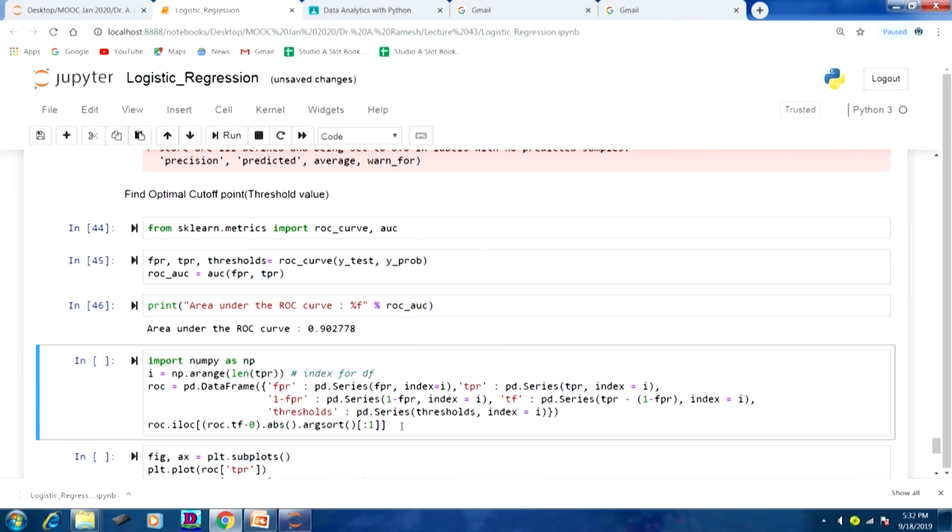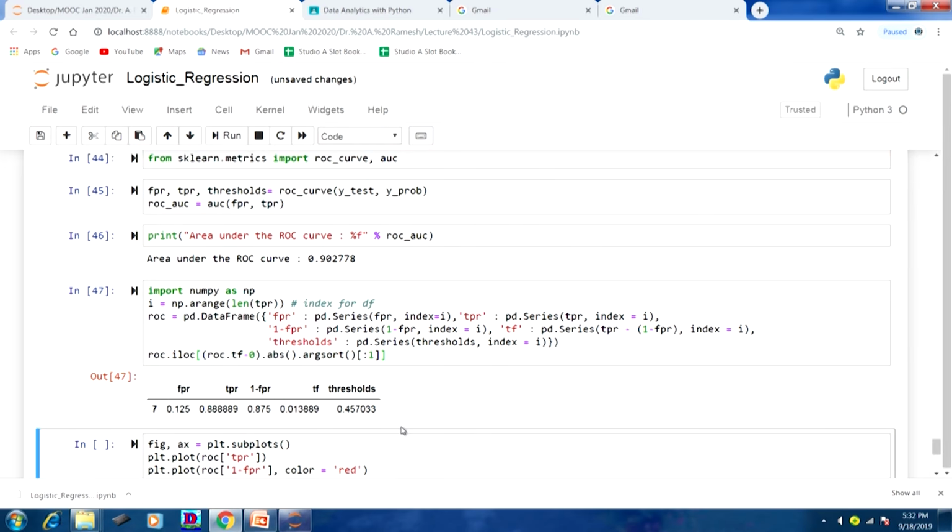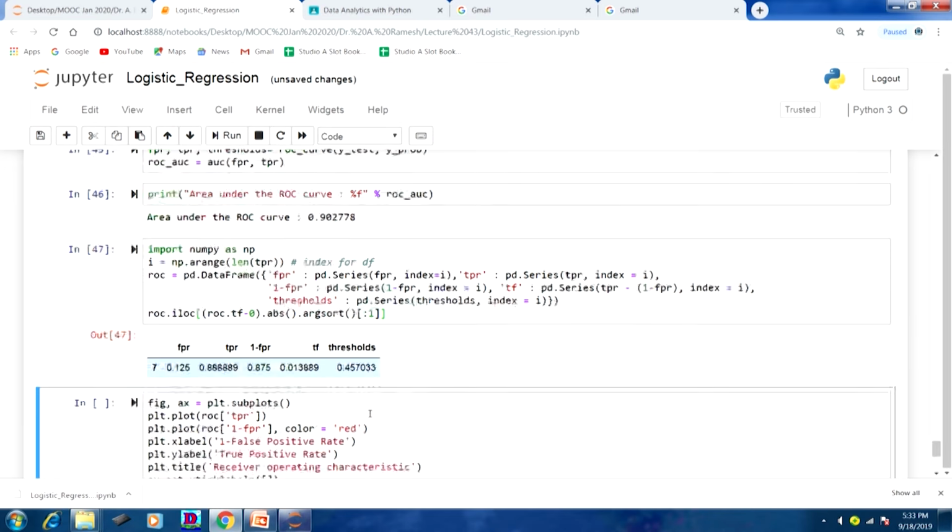When you run this command you get a table which shows the optimal threshold value. If you take the t value 0.457, that will give you the higher area under the curve.